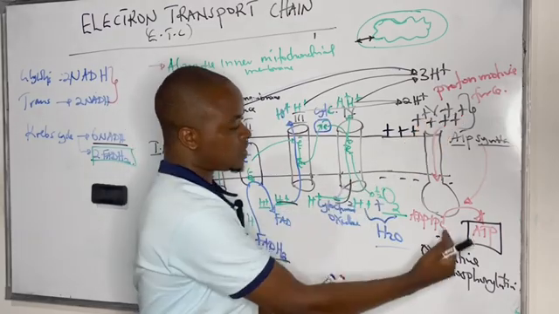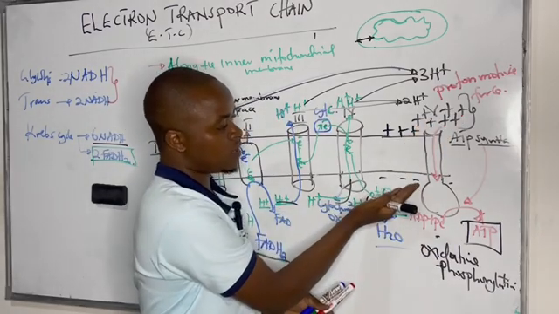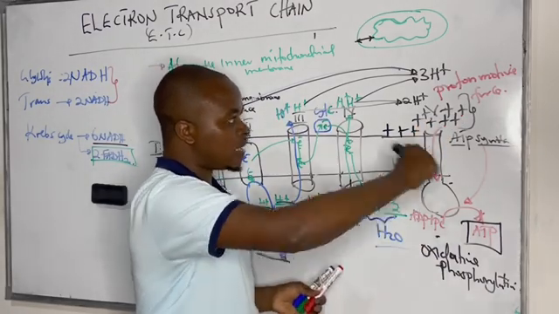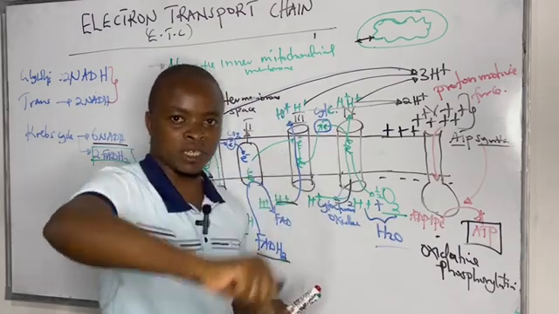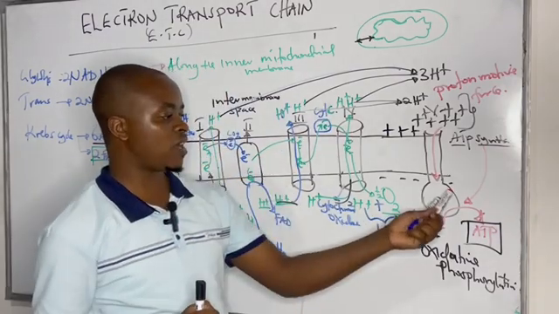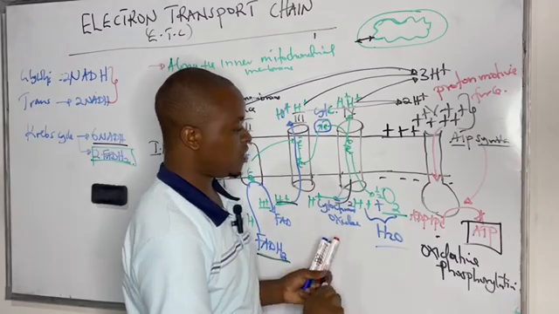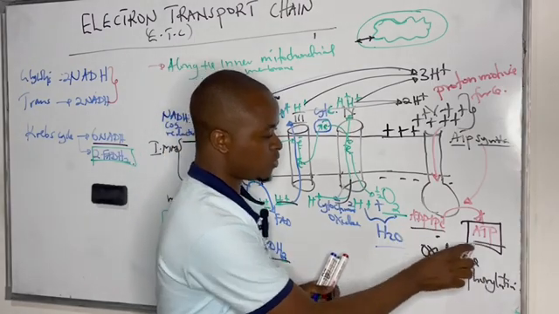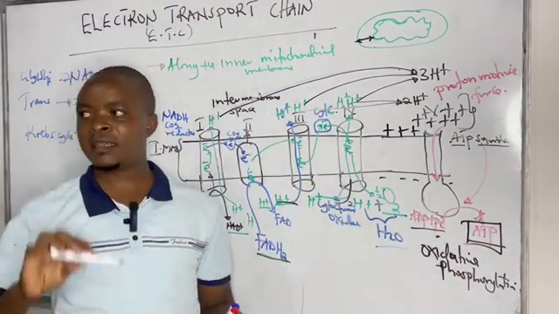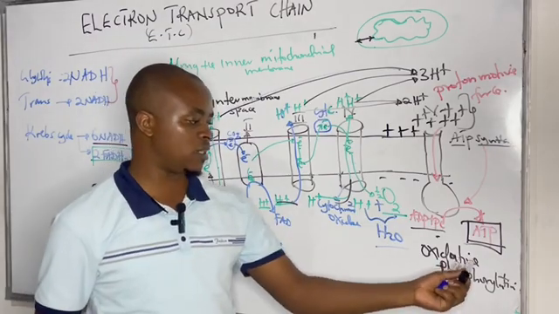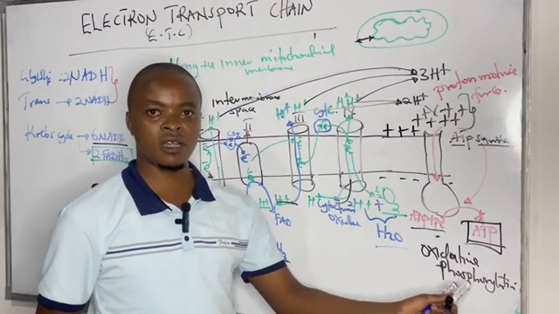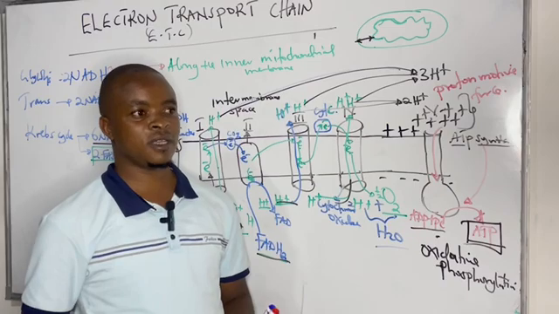As they come inside to equalize or balance the charge, they cause a force, that proton motive force, that spins this complex 5, creating energy for the combination of these two to produce ATP. This process is known as oxidative phosphorylation.